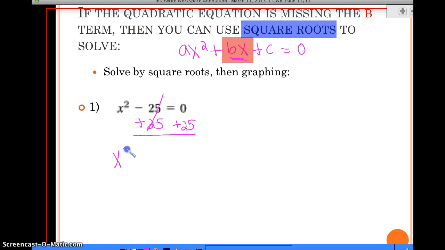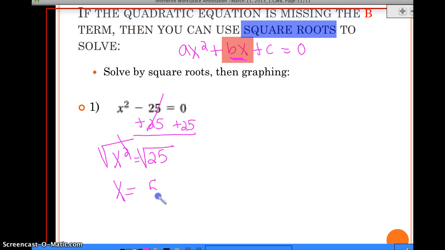That's going to give me x squared is equal to positive 25. The inverse of squaring would be to square root. If you do it to one term, you do it to all the terms. That will cancel. Now this is where some kids are going to mess up, because when I say, what's the square root of 25? 90% of my kids are going to say 5.